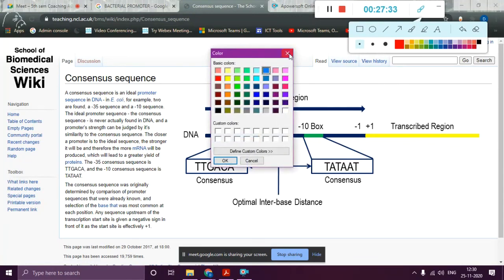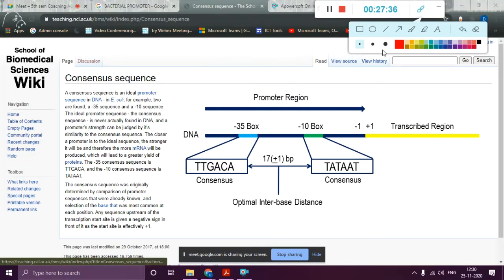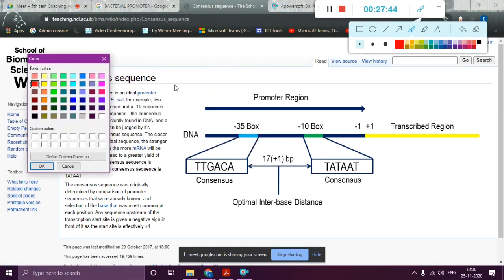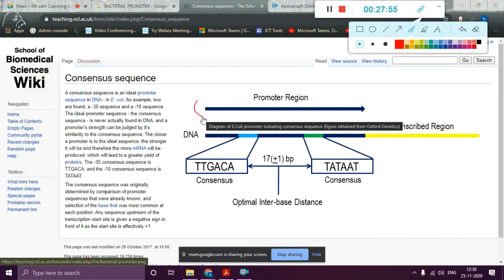Let's take this blue color. So this is the promoter region.